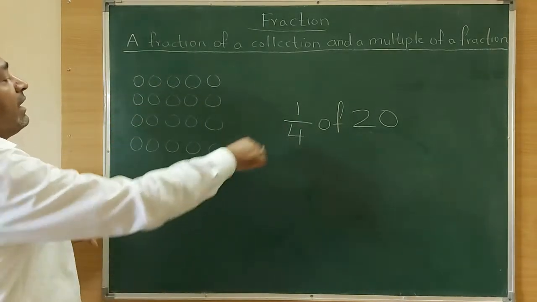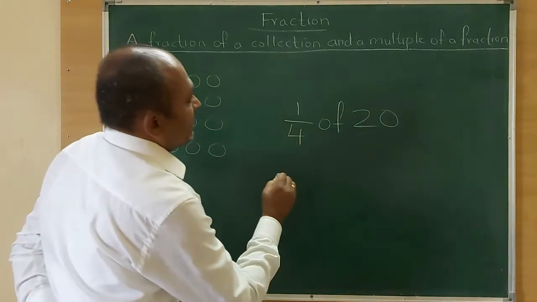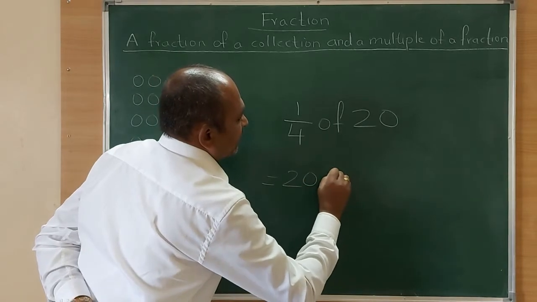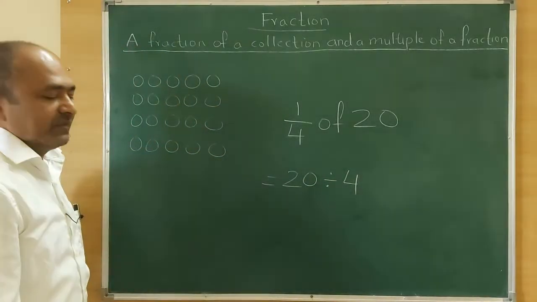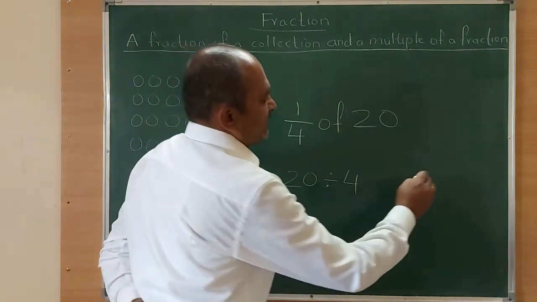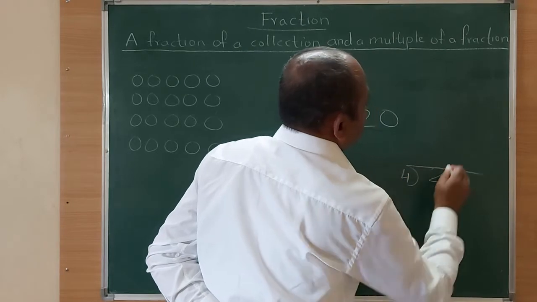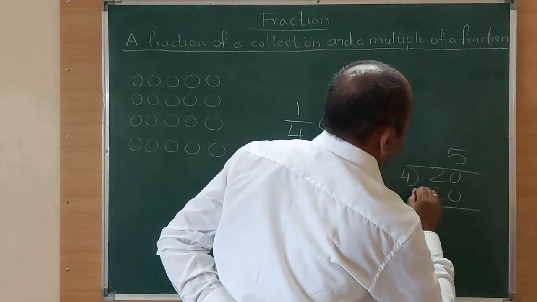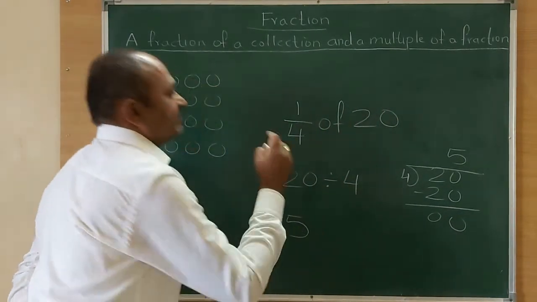So here I want to find out 1 upon 4 of 20. That will be equal to 20 divided by 4. So 20 divided by 4, 4 fives are 20, is equal to 5 dots.